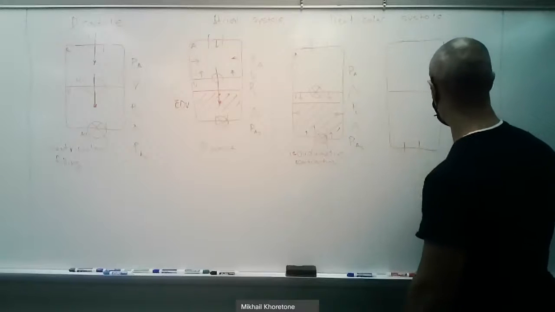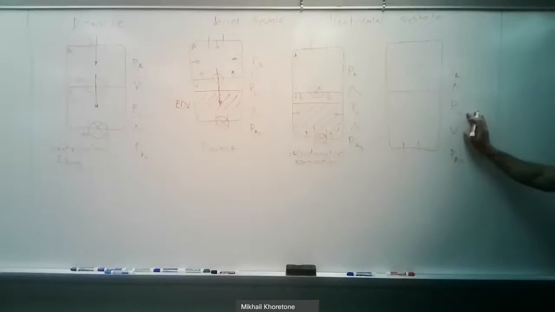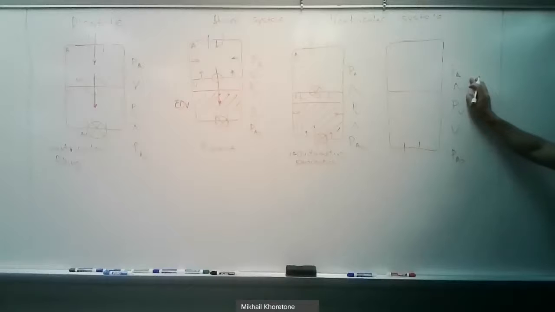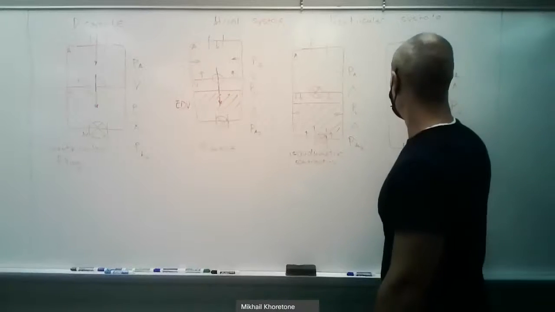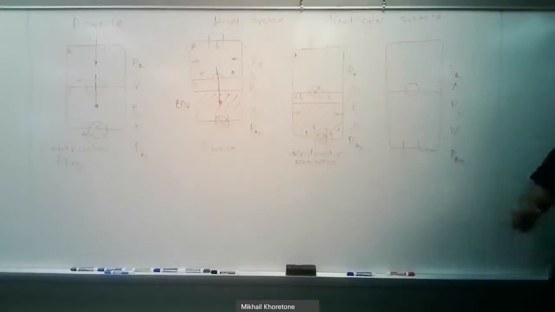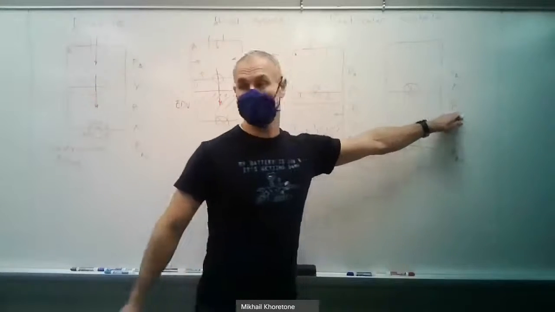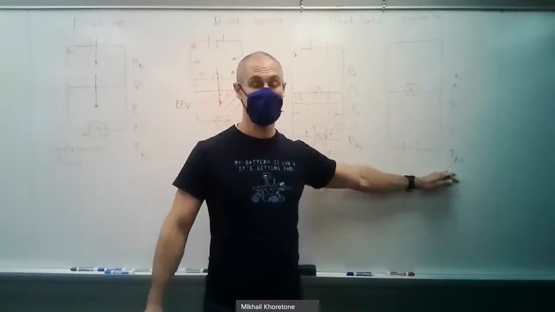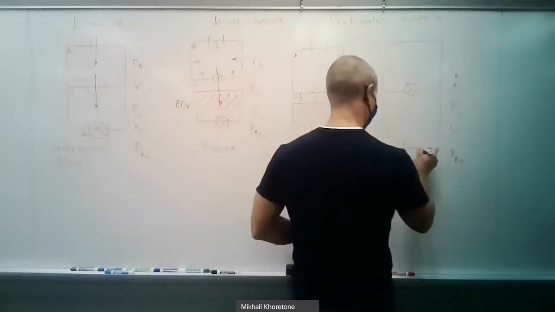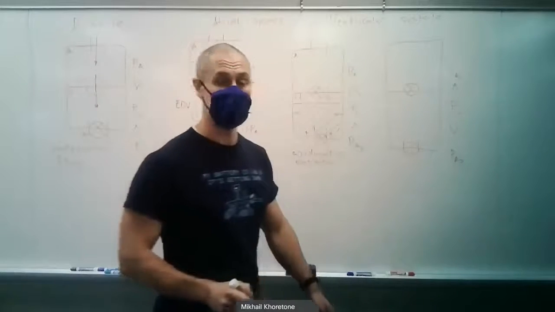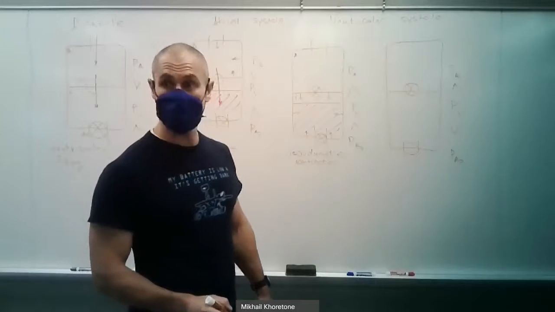Now let me ask you this. When ventricular pressure is higher than atrial pressure, in which position is the mitral valve? When ventricular pressure is higher than aortic, in which position is the aortic valve? Open. Does that make sense?